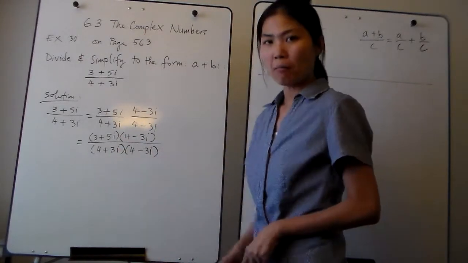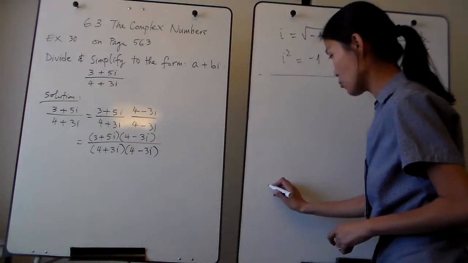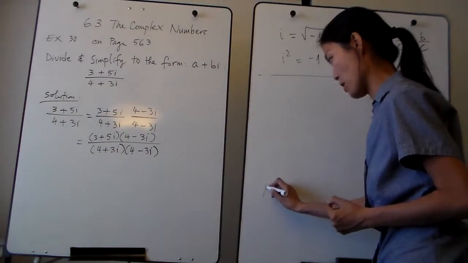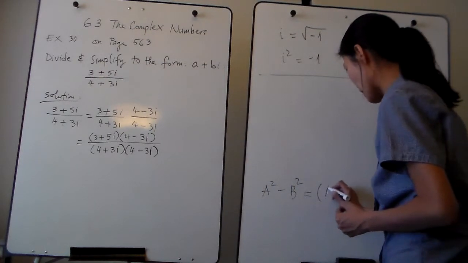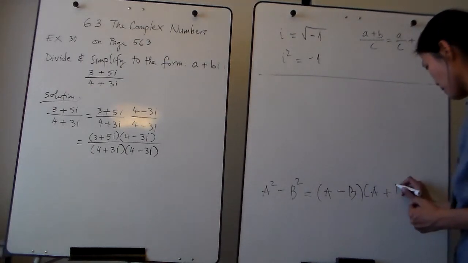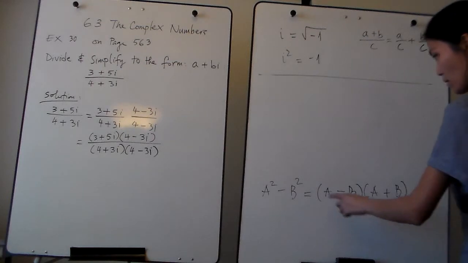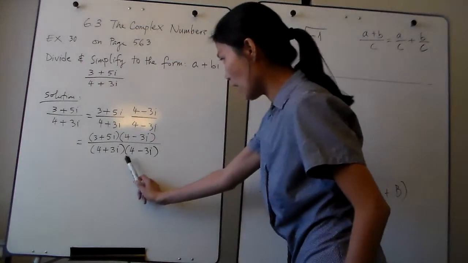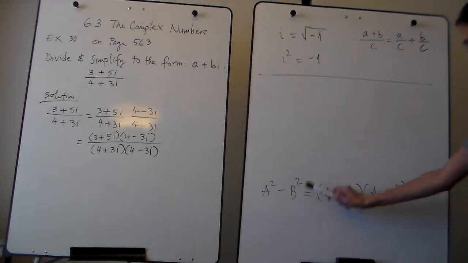If you recall, the difference of squares formula is a minus b times a plus b. We're given 4 plus 3i times 4 minus 3i, which is similar to the right hand side of this formula.